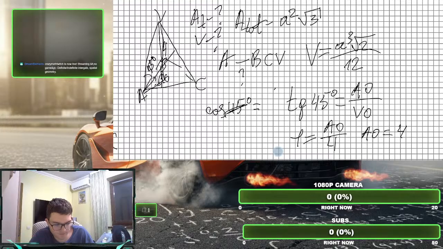So, essentially I got that AO is 4 centimeters, OM 4 centimeters, whatever. AP. Why do I need AP?